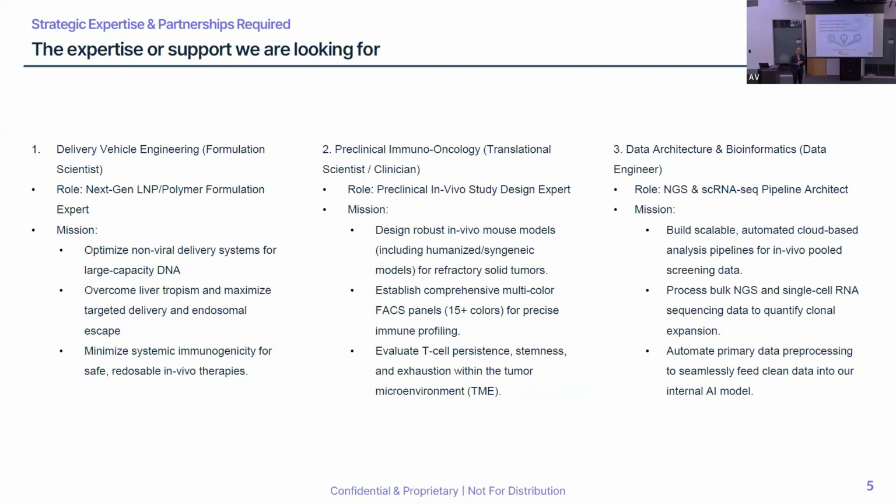We also need clinical models to drive our in vivo validation, as well as bioinformatics, where we can explore a vast amount of sequencing data to develop our own AI models.